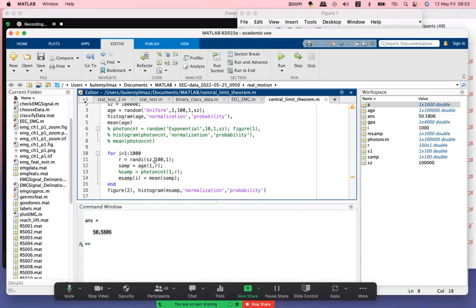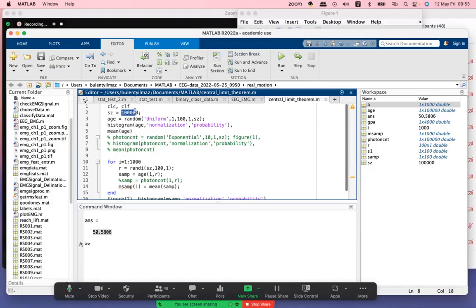And then now I'm going to do something. I'm going to take samples from that 100,000 people. Okay, I have 100,000 people in my population. I'm going to get only 100 people from this population. This is my sample size. Okay, 100 is my sample size.